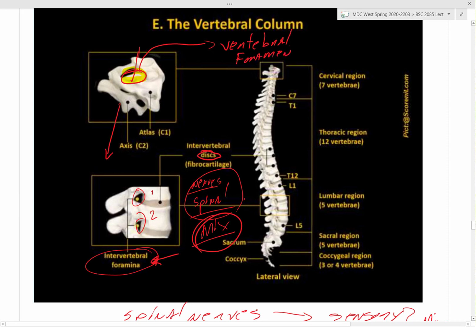So inter means what? In between the vertebrae, right? And the other is just vertebral. So the vertebral foramen is the one that allows to pass through what? Your spinal cord, all the way from the cervical all the way to the lumbar. Does that make sense? Okay.